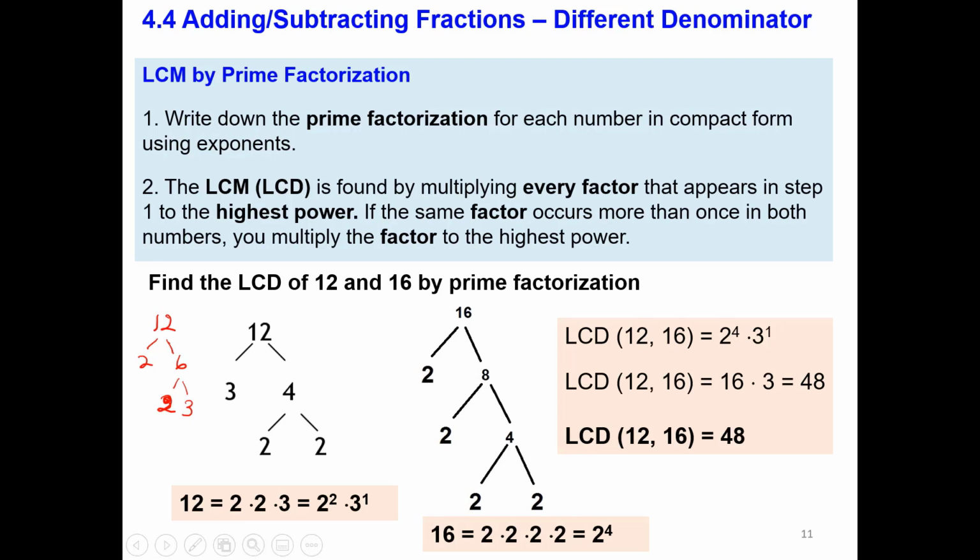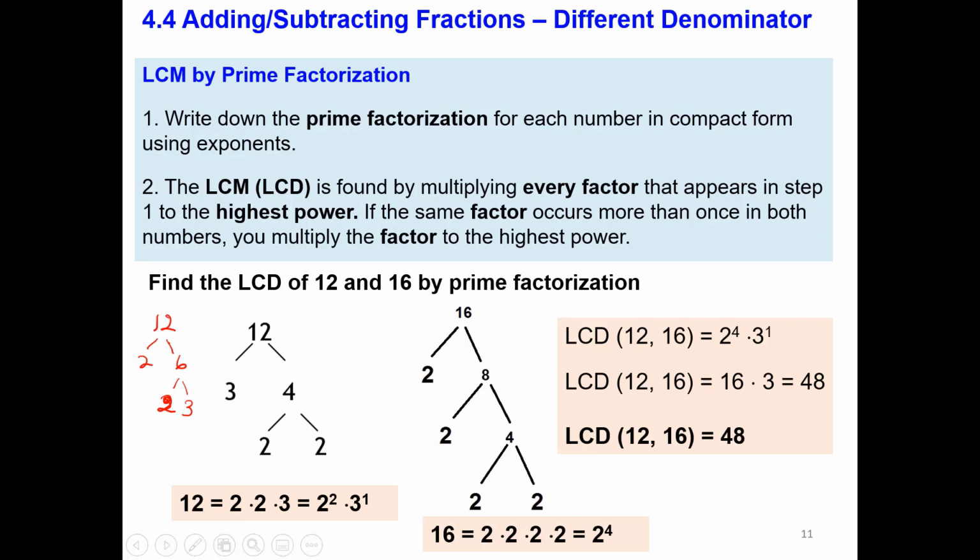And we will do the same thing with the other number, 16. We divide by 2, is 2 times 8. We can write this as 2 times 4, and 4 is 2 times 2. Then 16 will be 2 times 2 times 2 times 2. The next thing we want to do is write these factors using exponents.